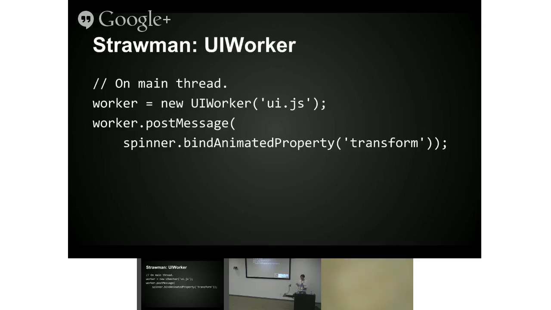We'll talk about nicer APIs later. So to get the bound stable identifier, you would say to the spinner, I would like a stable identifier for your transform, and that gives you a handle to that knob. And in this example, I'm passing it over to a new kind of worker, a UIWorker, which runs its JavaScript in sync with the compositor thread.